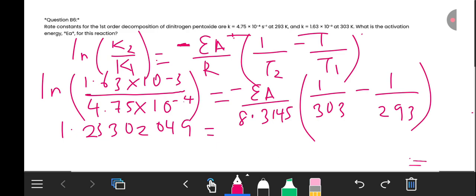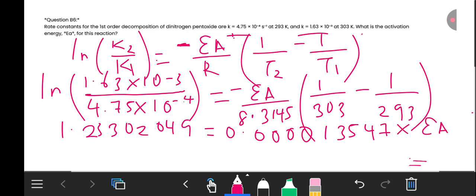So the answer you would get is, actually it will be negative, so negative multiplied by the negative on the activation energy, the value will now be positive. So 0.000013547, and this is multiplied by the activation energy.